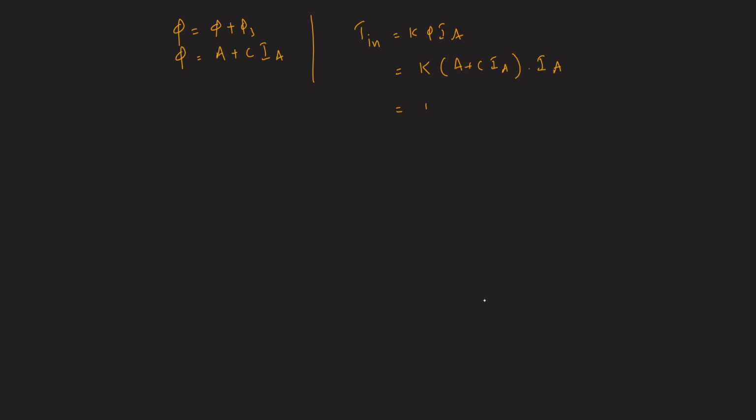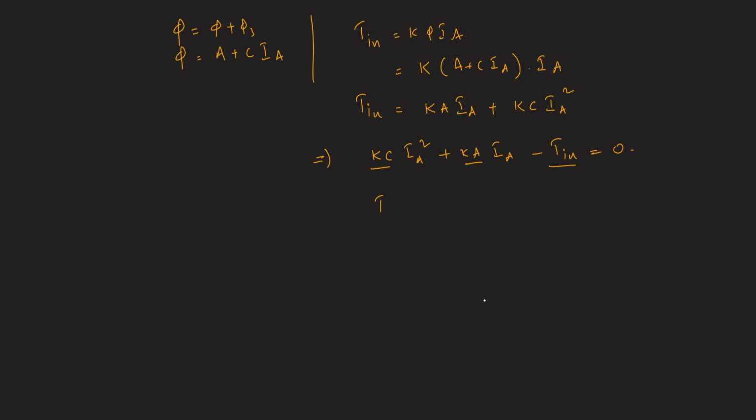So if I expand this, K A Ia plus K C Ia square. If I write this in quadratic form, K C Ia square plus K A Ia minus T induced is equal to 0, then this is the A, B and this is the C component.